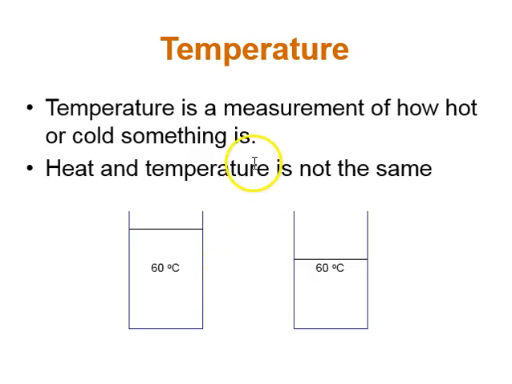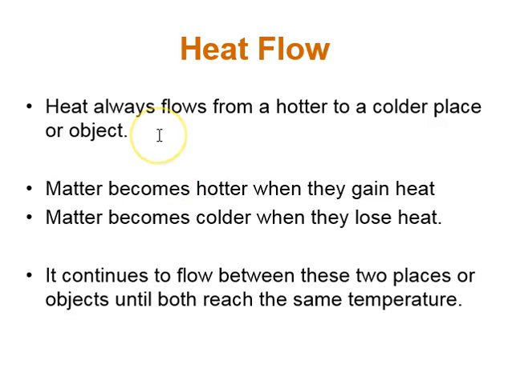All right, so we know that heat and temperature are not the same. What else do we know? We know about heat flow. Heat flows from a hotter place to a colder place, or from a hotter object to a colder object. Some of you told me that heat always flows from an area of hotter temperature to an area of colder temperature.